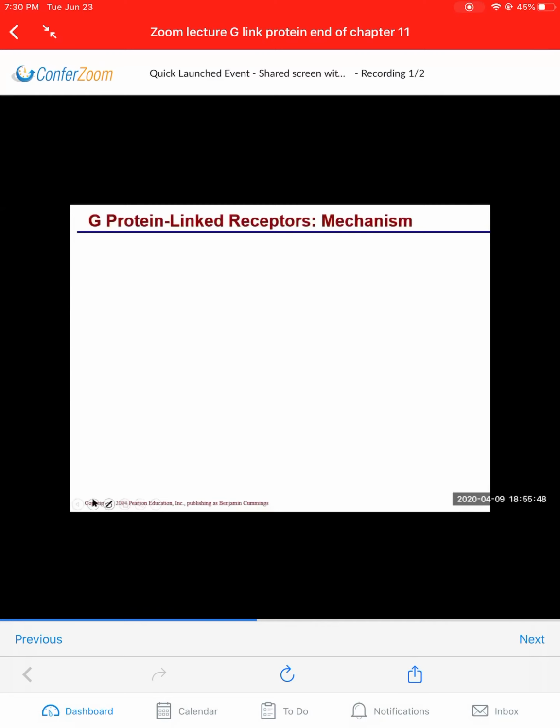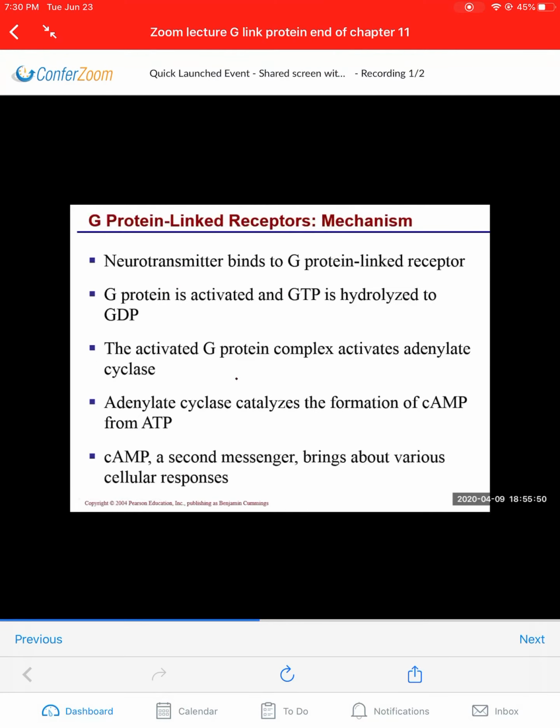Okay, so the neurotransmitter is the first primary signal. This is usually known as a first messenger. The first messenger, a neurotransmitter or chemical, will bind to the receptor, but this receptor is linked to a protein known as G protein.